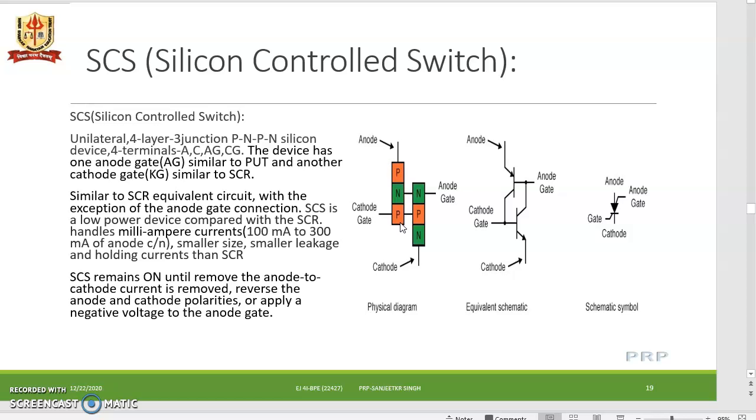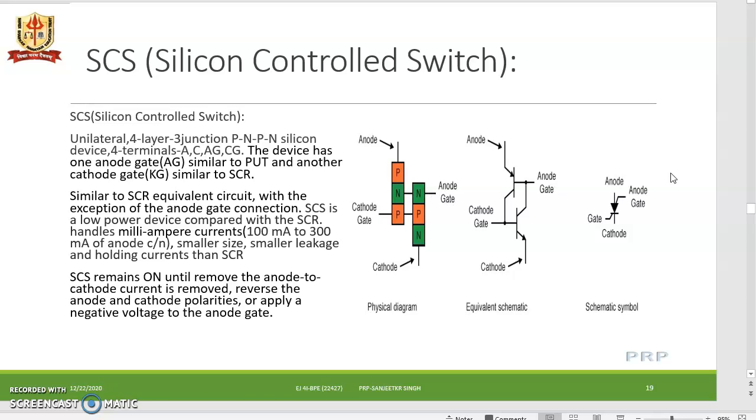So all the 4 layers are available for external connection, and this anode gate is similar to that of the PUT, programmable unijunction transistor. That is the additional modification.